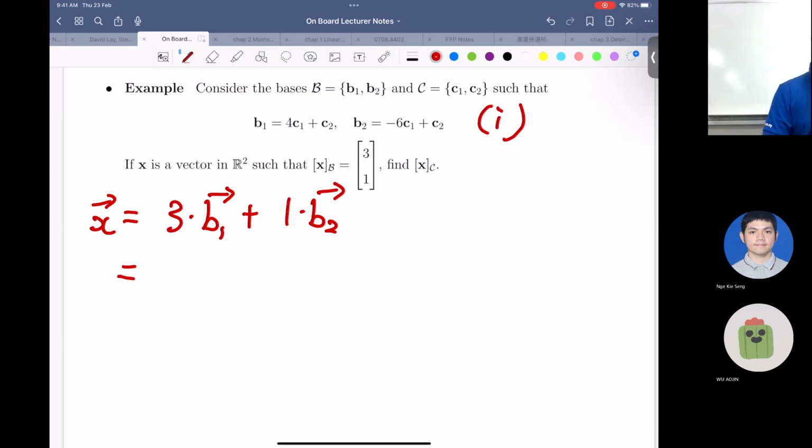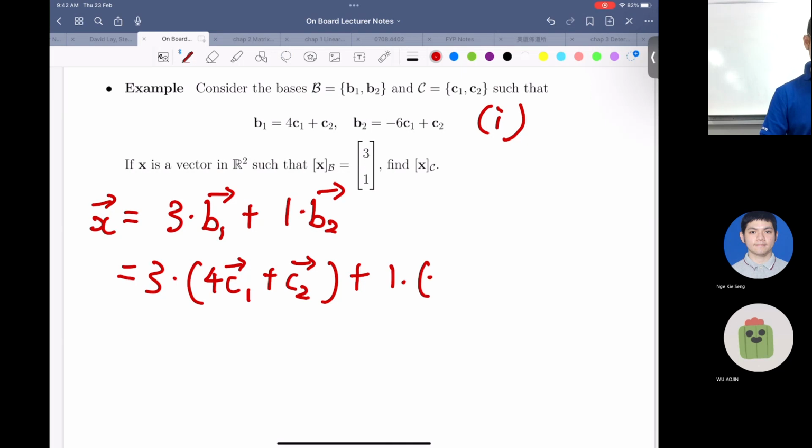So it says 3 times (4C1 + C2) plus 1 times (-6C1 + 6C2).